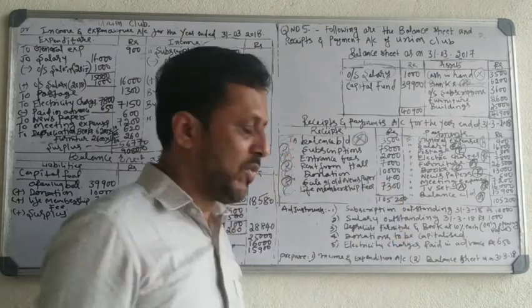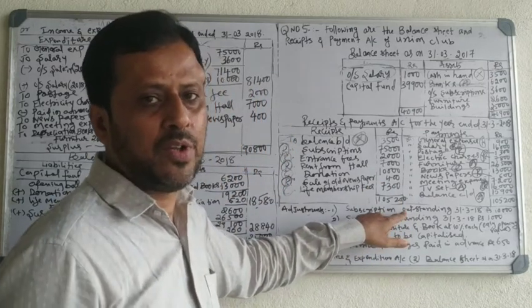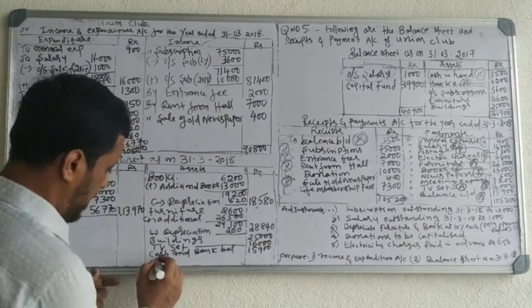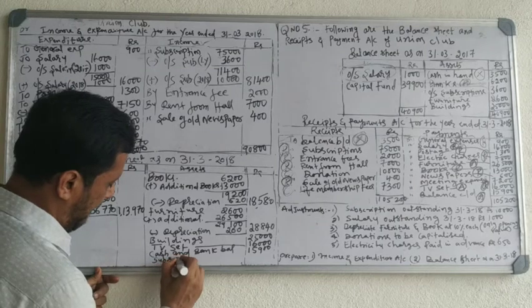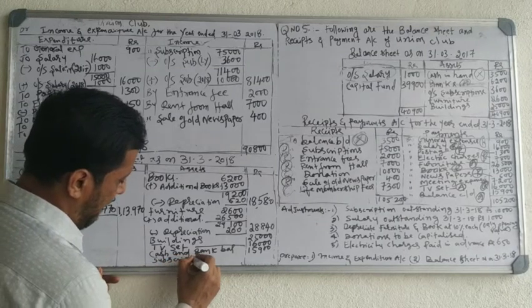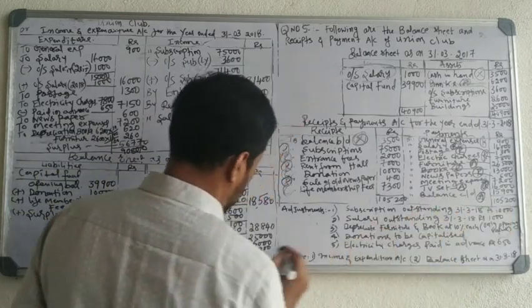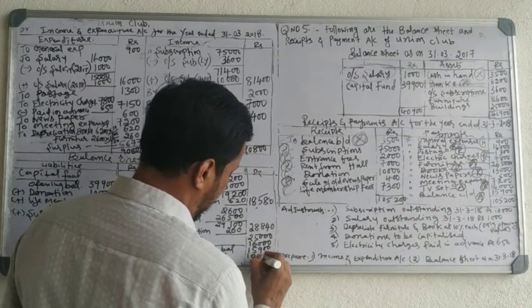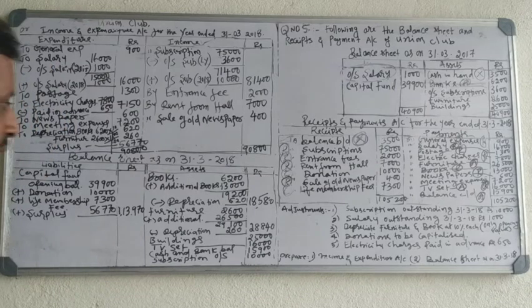Subscription outstanding means organization has to receive from members. So it is an asset. Subscription outstanding 10,000. Organization has to receive, asset.